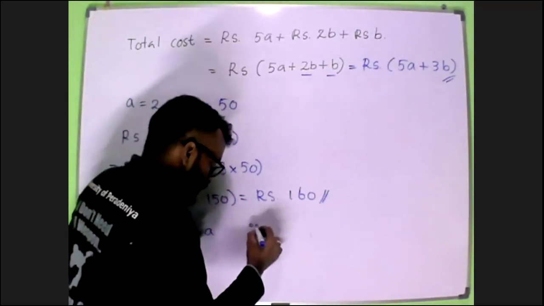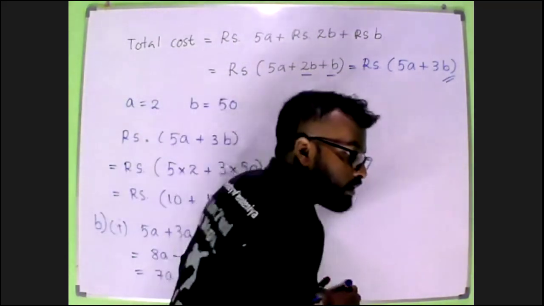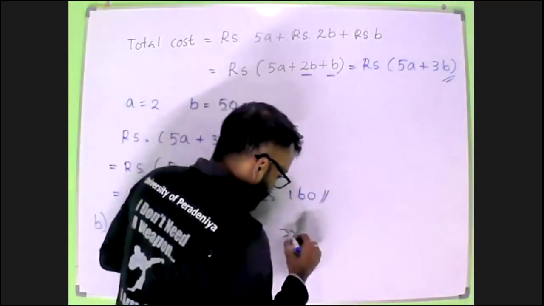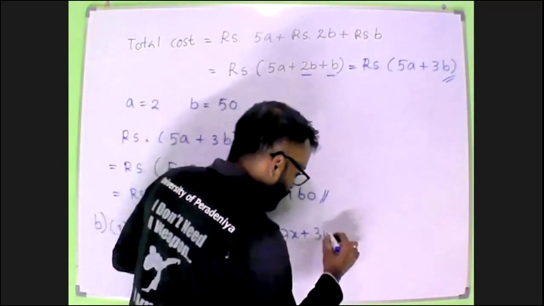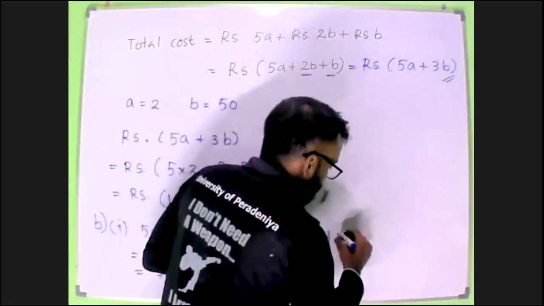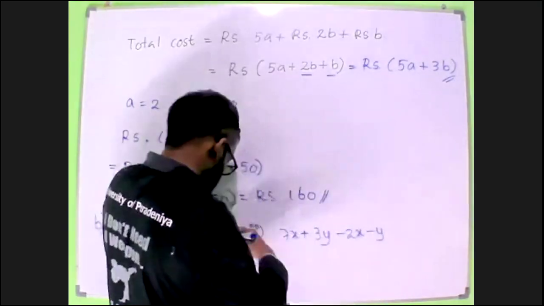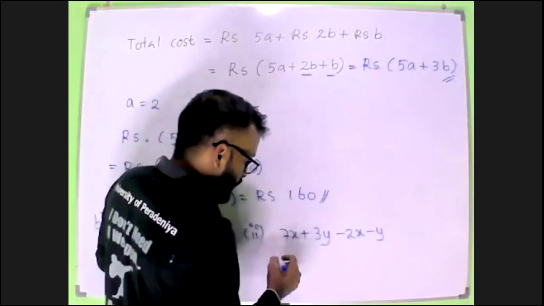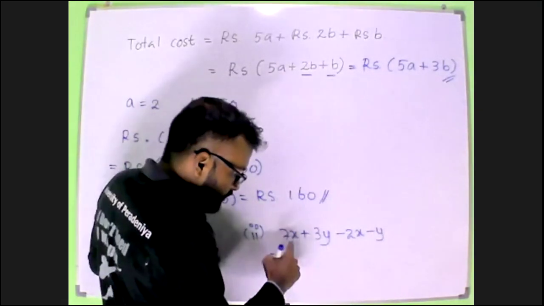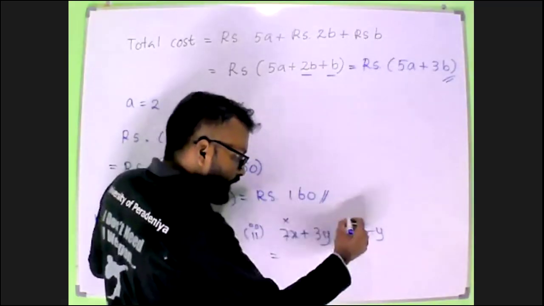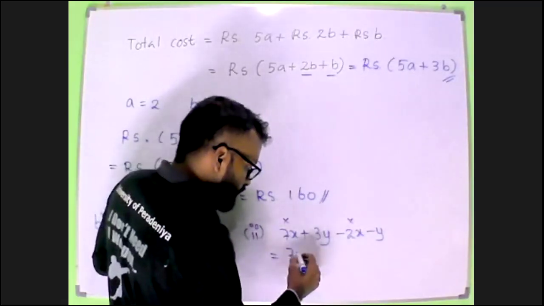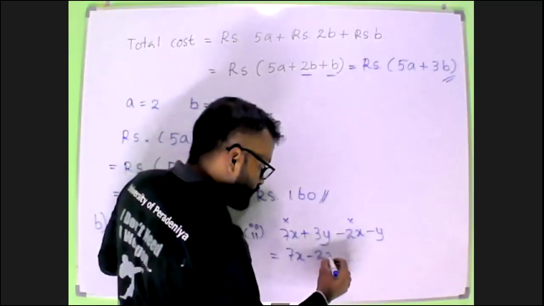So the second one: 7x plus 3y minus 2x minus y. So what are the like terms? x: 7x minus 2x.